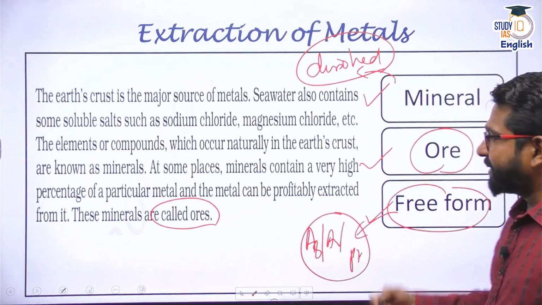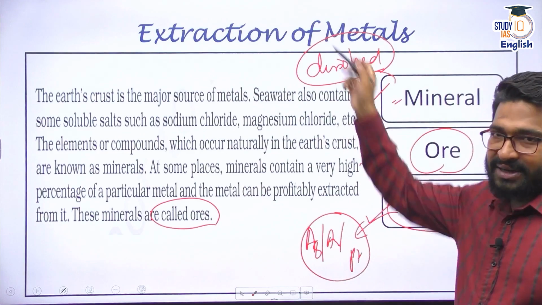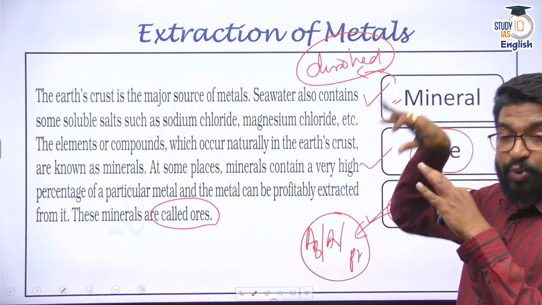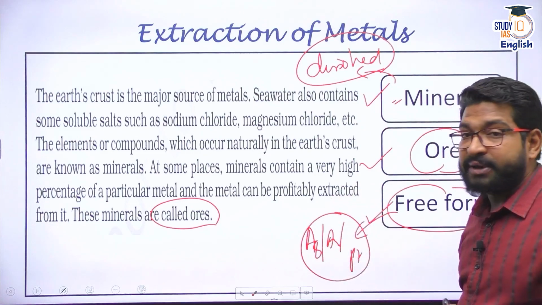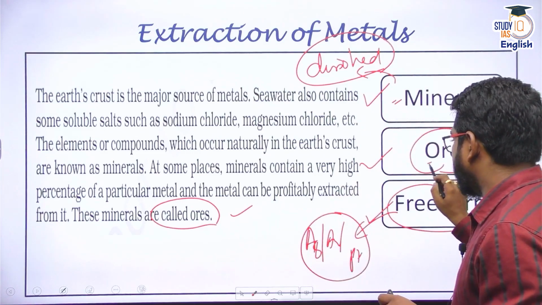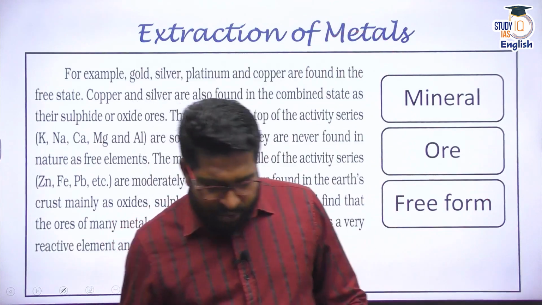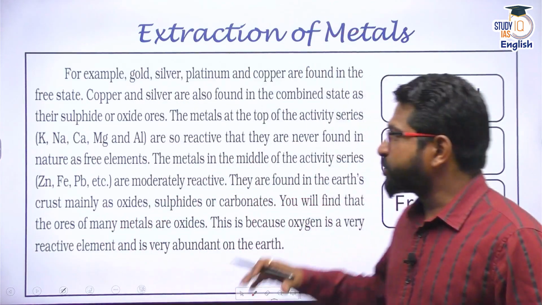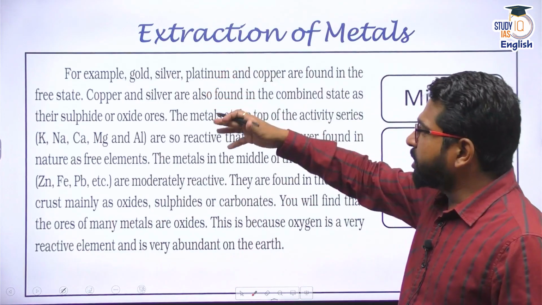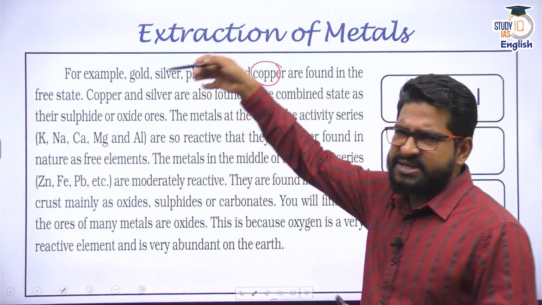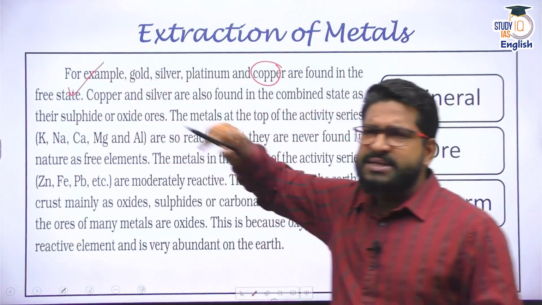Other metals can be in the form of minerals dissolved in water. They can be in the form of minerals which can be exploited profitably, and they are called ores. All right, ores. Now, what ores do we find? As I told you, gold, silver, platinum, copper. Copper also, I can find in free state, but others I do not find in free state.